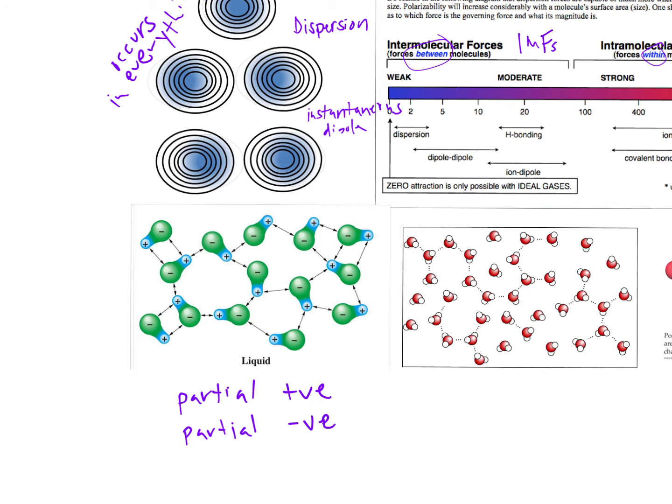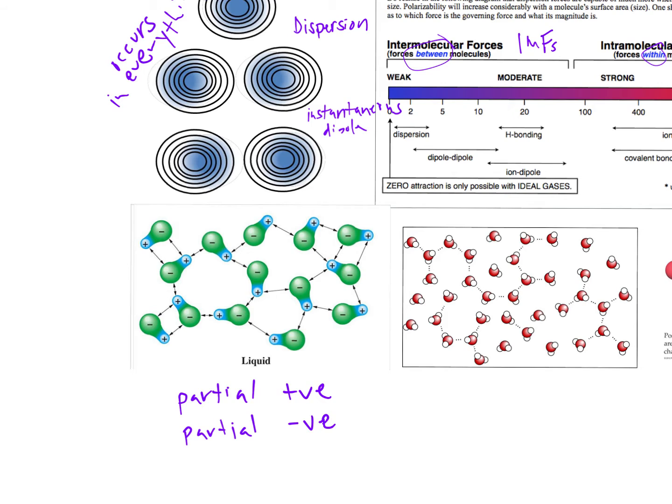This is different than an instantaneous dipole because it exists longer than an instant. Okay, so this figure shows an image of a liquid. Could be, for instance, HCl. Our hydrogen is going to have a partial positive charge.